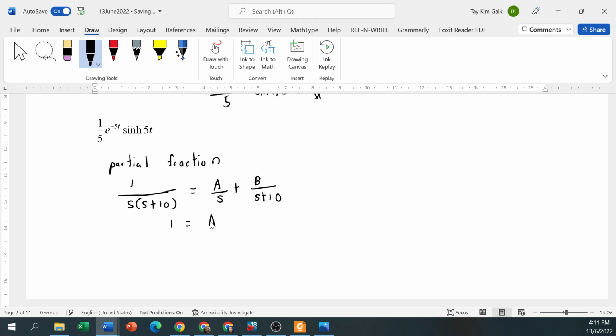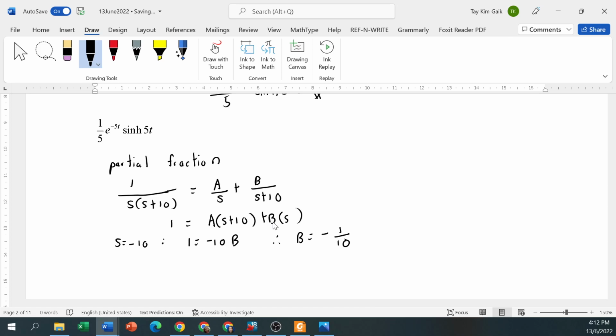Cross multiplication, you get a times s plus 10 plus b times s. You have the same denominator, so just compare the numerators. For the linear term s plus 10, you can substitute s equal to negative 10, so the a term becomes 0. Then you can calculate for b. You get negative 10b, therefore b is negative 1 over 10.